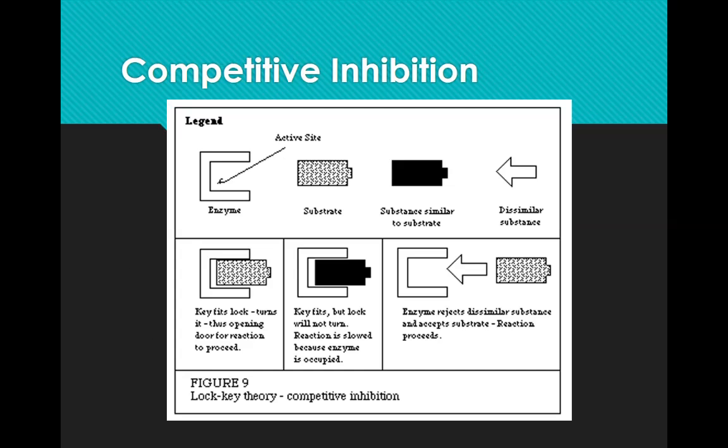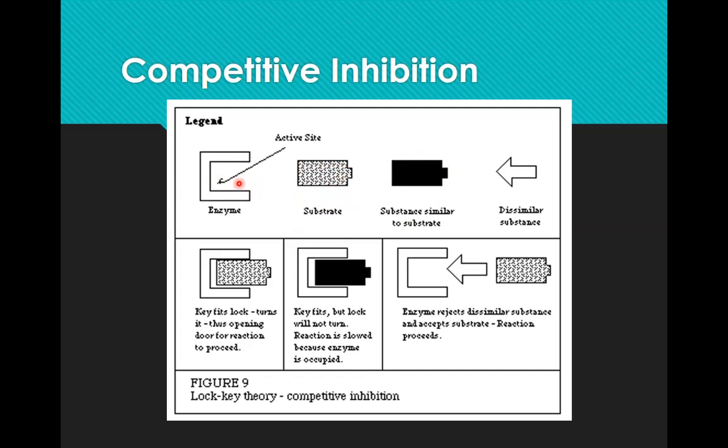So let's start with competitive inhibition. In this particular case, you can see that we have a substrate right here that fits into the active site of the enzyme. But there is another substance that is similar in shape and fits into the active site, but does not allow the chemical reaction to occur. So this fits in really well. Chemical reaction happens, we make product.